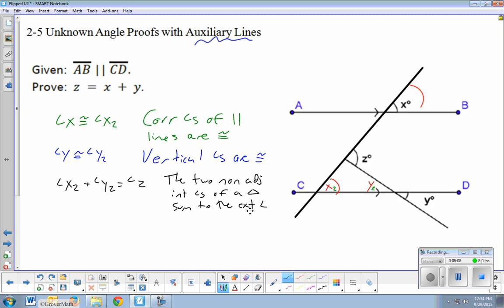Could have said an exterior angle of a triangle is equal to the sum of the two non-adjacent interior angles. This is basically the same thing, just kind of backwards. So I think that sounds pretty good.